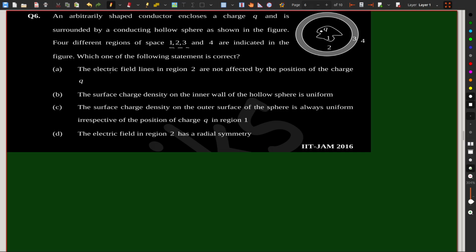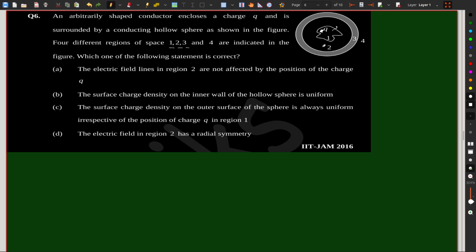the first statement. Electric field lines in region 2 are not affected by the position of charge q. This is false, because the electric field due to this charge is not symmetrically distributed.